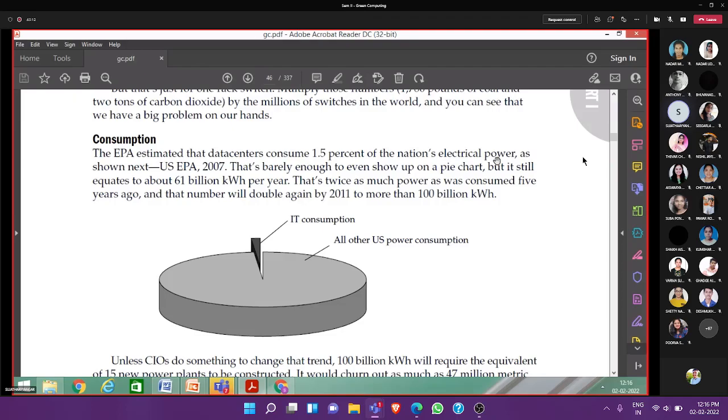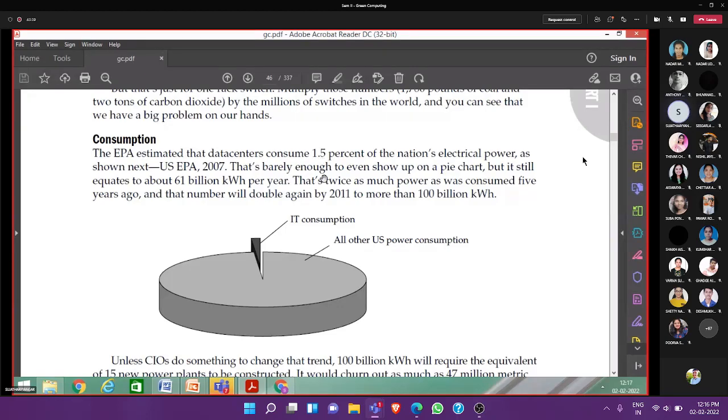They have to increase their servers. The whole world is using Google a lot. Okay, and suppose Google data center is in US. In the overall nation's electricity, data center consumption itself is 2 to 3%. Okay. So in 2007 it was 1.5. So now it would have increased.